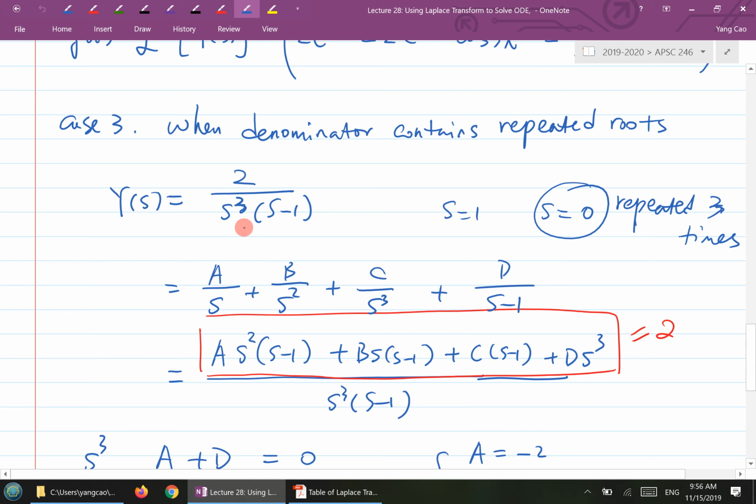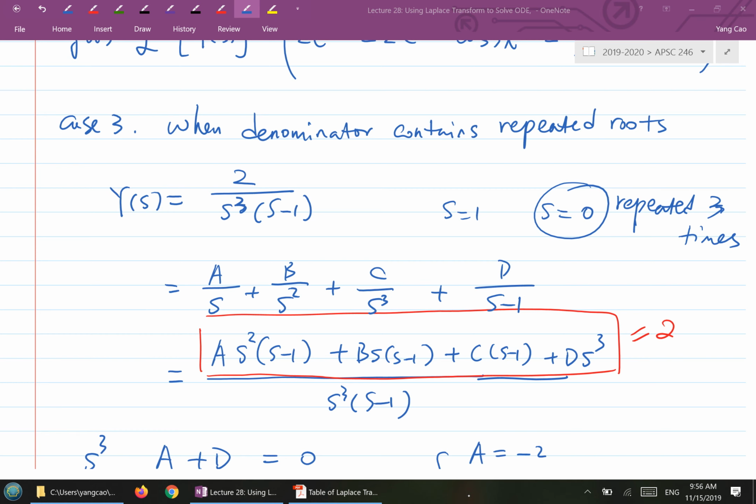Could it be a s squared plus b s plus c over s cubed plus d over s minus 1? Oh, you mean put an s here? No, you put an s here and then you cancel out the bottom here, right? So the idea is when you have an s cubed here, the partial fraction expansion could contain first order, second order, and third order. That's why you have 3 terms here.